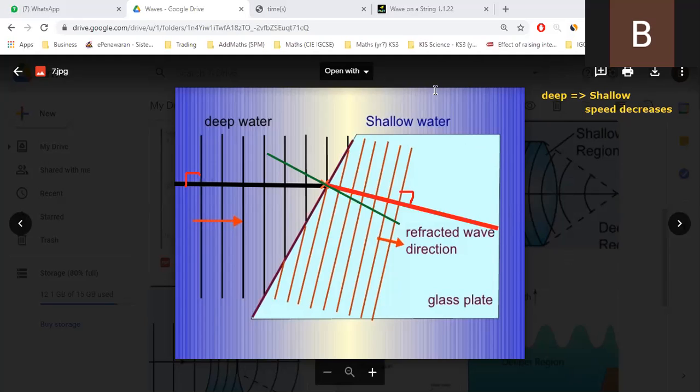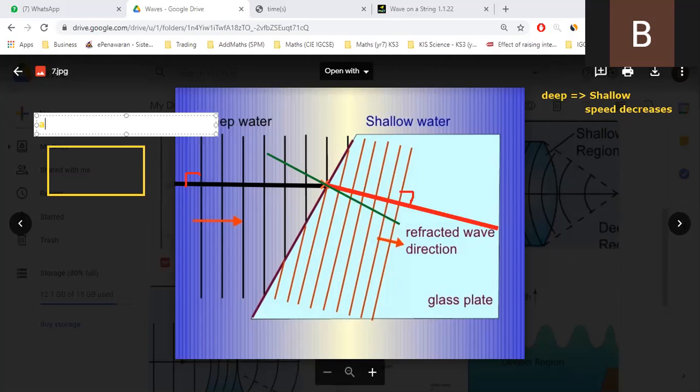Okay. Now, speed decreases. So what happens to the direction? Does it bend towards or away from the normal? Let's look back at the light side, on the left. Let me draw a glass. Light A enters the glass. What happens to the light? Incoming A strikes the glass. Does it bend towards or away from the normal? So we know that glass is denser, right?